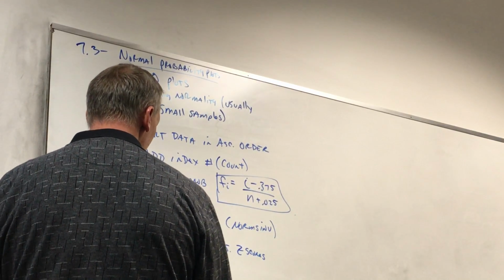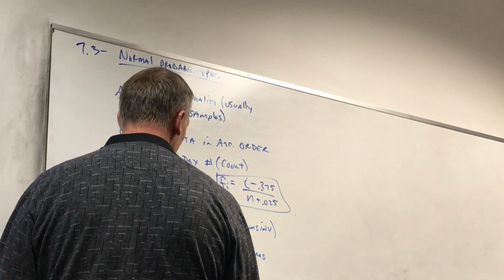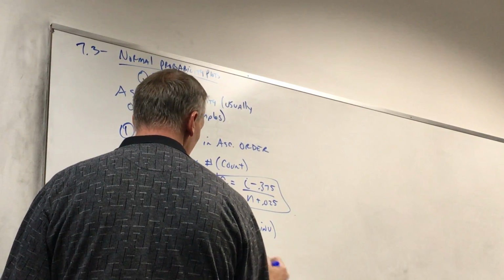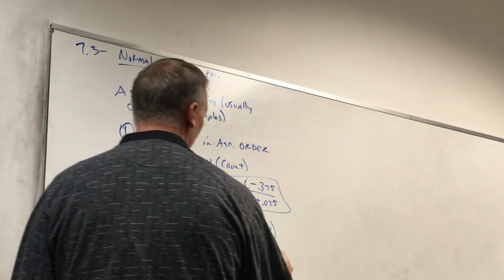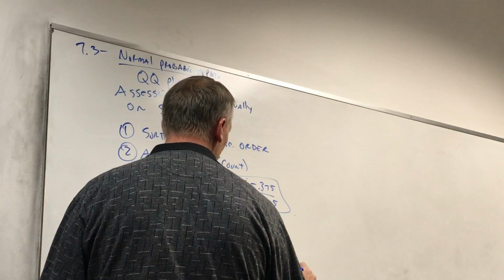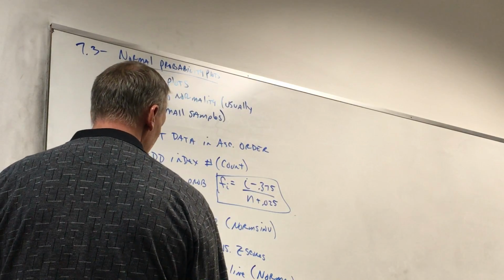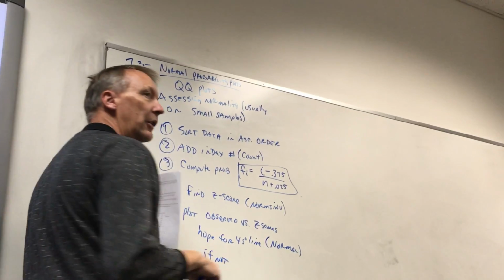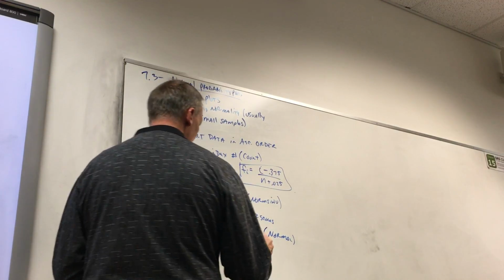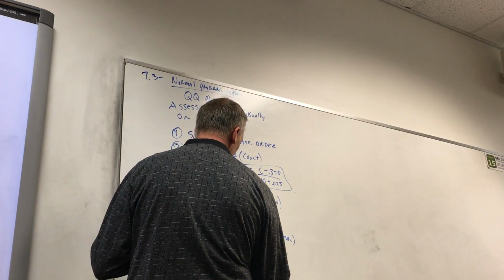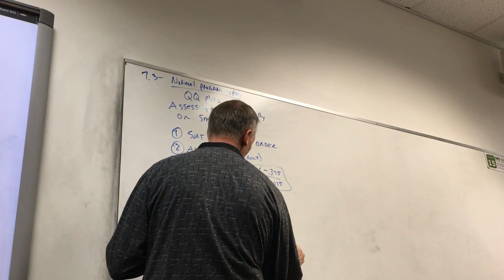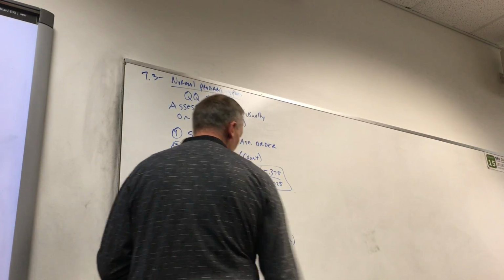We are hoping for a 45-degree line. If we get a 45-degree line, then we're going to say our data are normal. If not, say it's curvy or something else, then not normal. Okay?